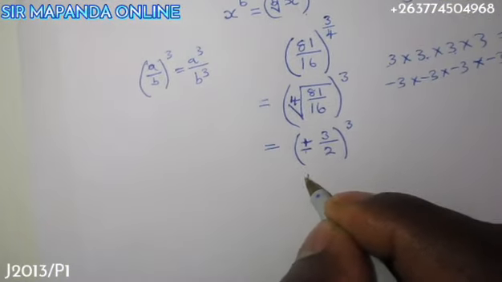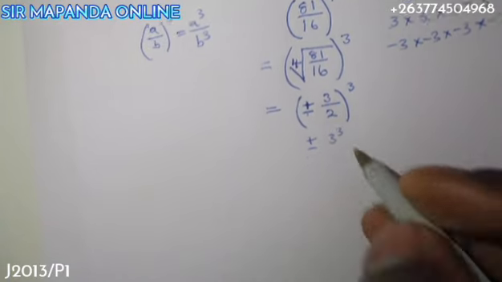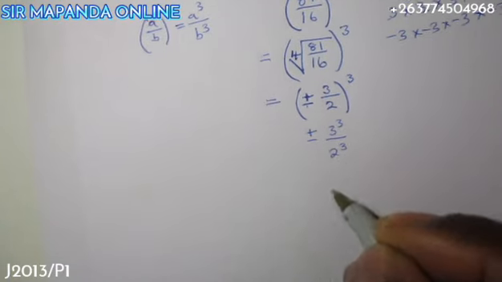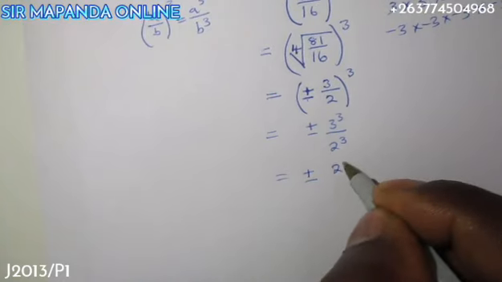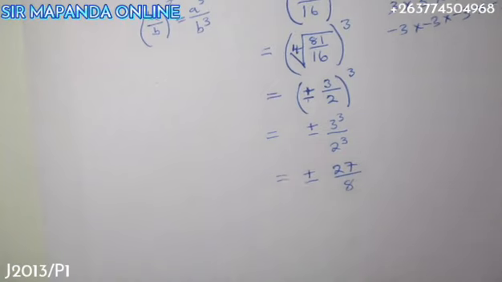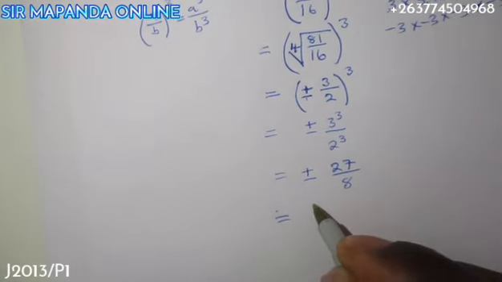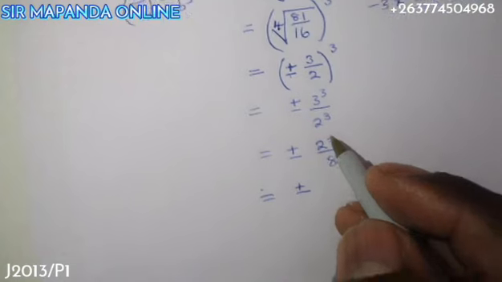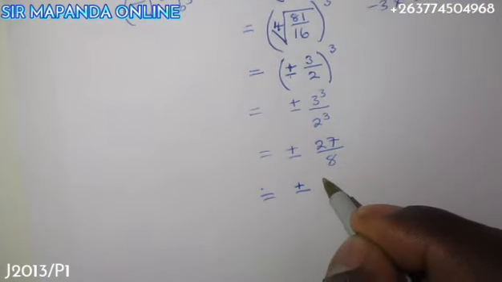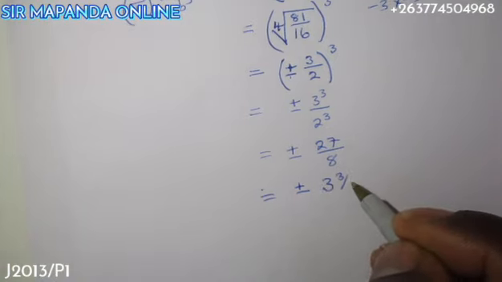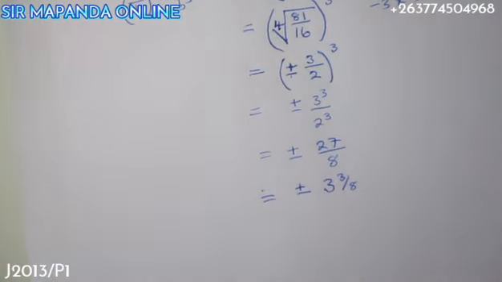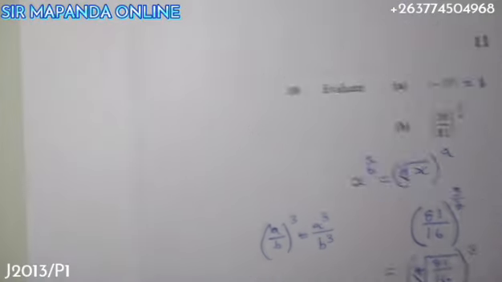So here you are going to get plus or minus 3 to the power of 3 divided by 2 to the power of 3, which is the same as plus or minus 27 divided by 8, which equals plus or minus, what is 27 divided by 8? You get 3 and 3 over 8. Something like this. This is your final result. Let us move on to question number 11.